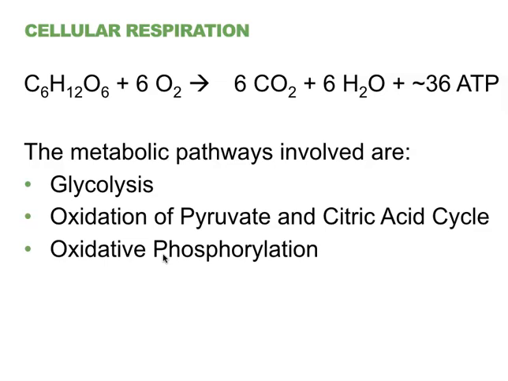But if you think back to what I'm trying to tell you, glycolysis occurs inside the cytosol of the cell. Oxidation of pyruvate is a transition step to enter into the citric acid cycle. And the citric acid cycle occurs inside the mitochondria. That means oxidative phosphorylation is going to occur inside the mitochondria as well. And what you want to do is partition these locations to understand the importance of oxygen in this entire story.